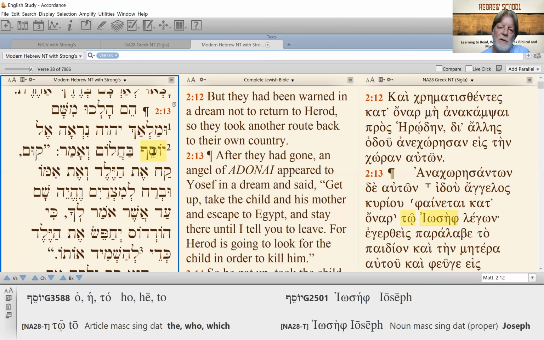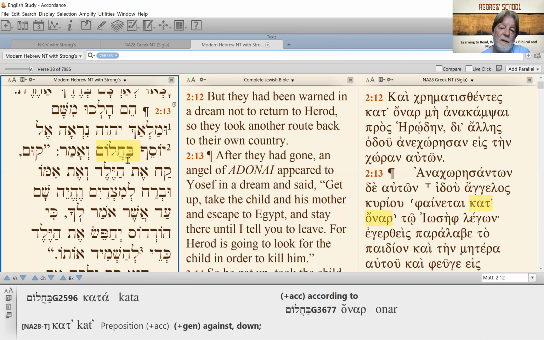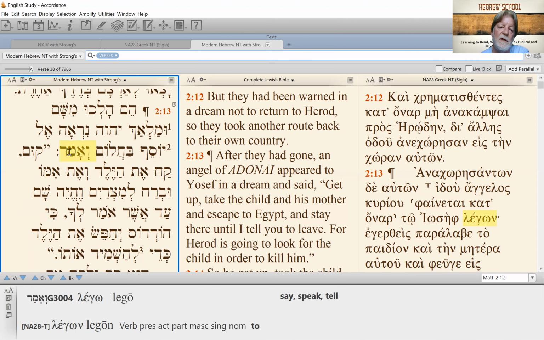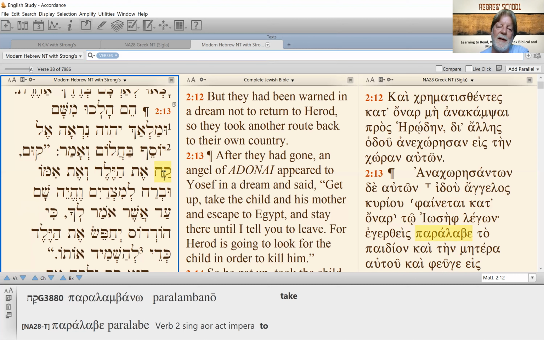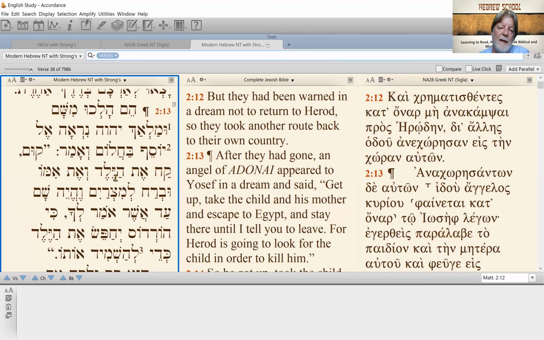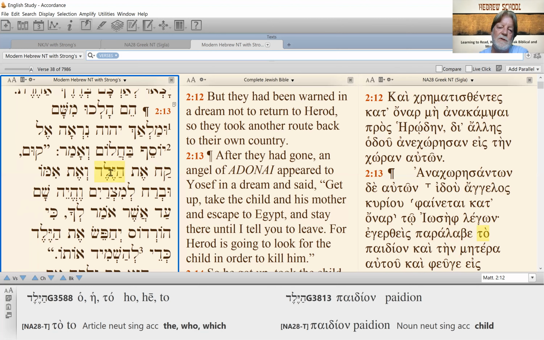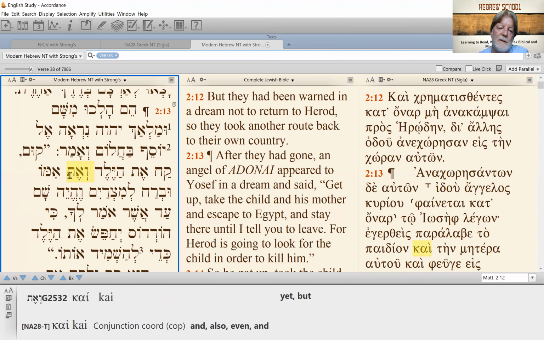Yosef, this angel of the Lord appeared to Yosef, Yeshua's father, Bachalom, again, in a dream. Lots of dreams are happening here. The Amar, and the angel said in the dream, Kum, rise up. Kach, the root word is lakach. The lamed drops out. Lakach means to take. Take et chayeled, the child, va'et imo.